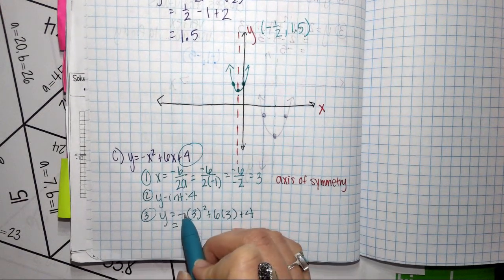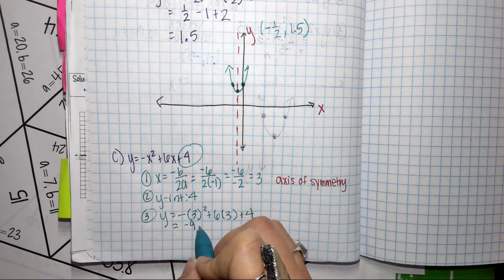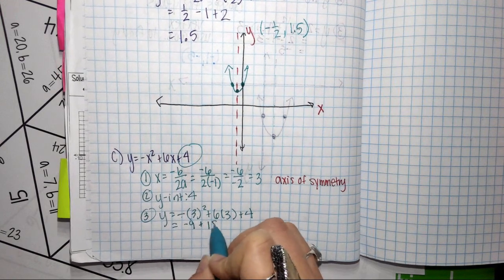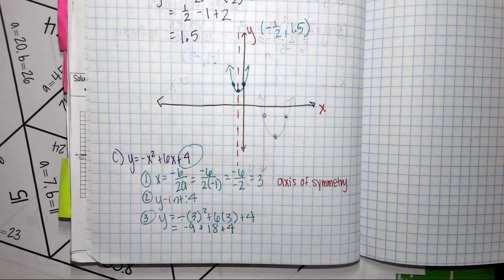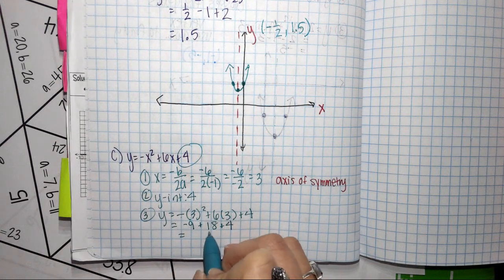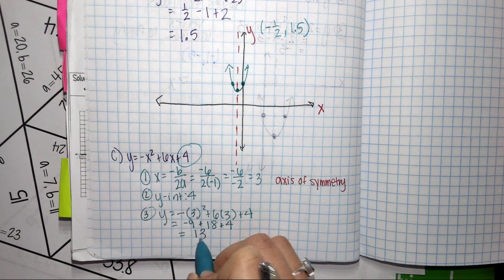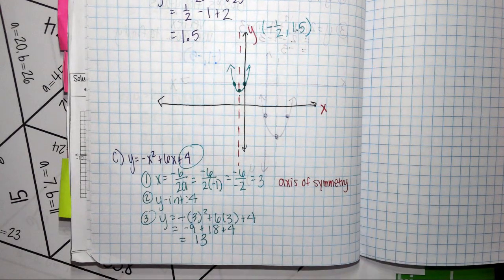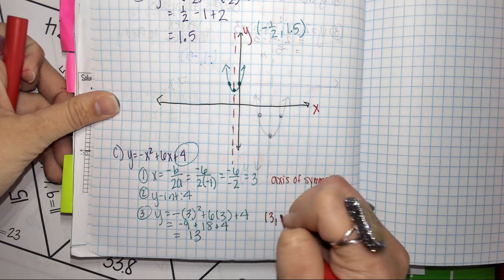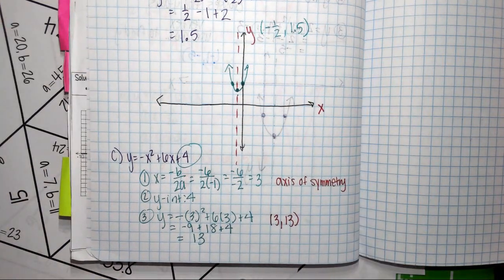Three squared is 9, but it's negative, so that makes it a negative 9. 6 times 3 is 18, plus 4. Then you do negative 9 plus 18, which gives you 9. 9 plus 4 is 13. So our vertex, which remember we're writing as a coordinate, is 3, 13.